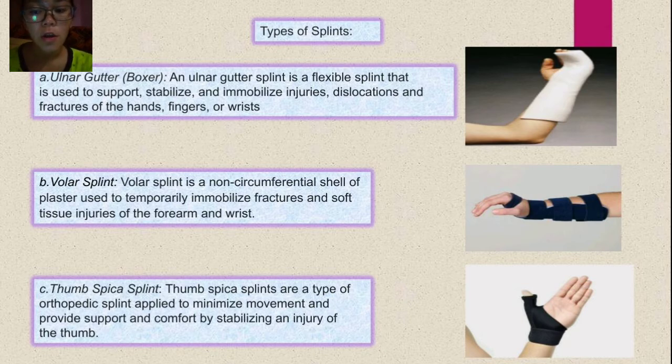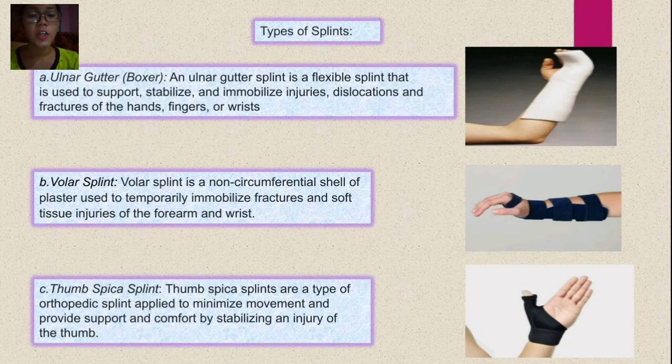First, we have the ulnar gutter splint. The ulnar gutter or boxer splint is a flexible splint that is used to support, stabilize, and immobilize injuries, dislocations, and fractures of the hands, fingers, or wrist.